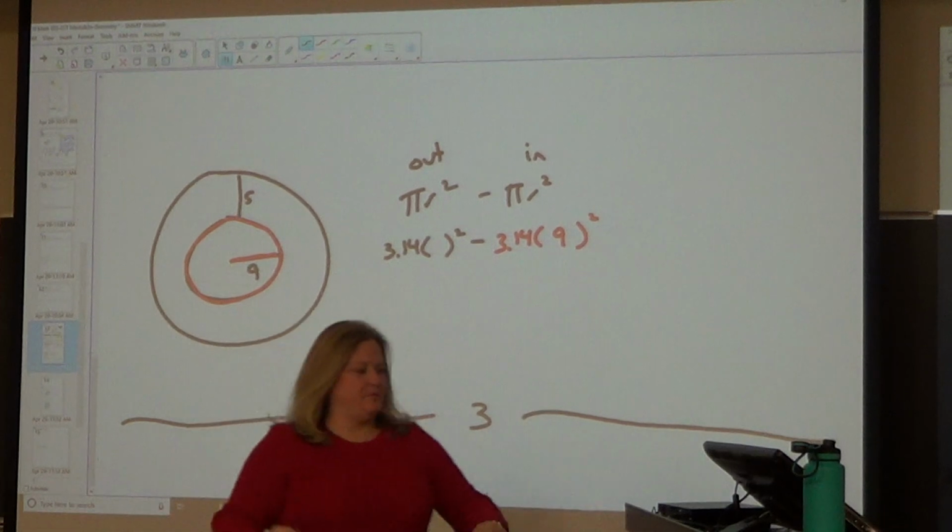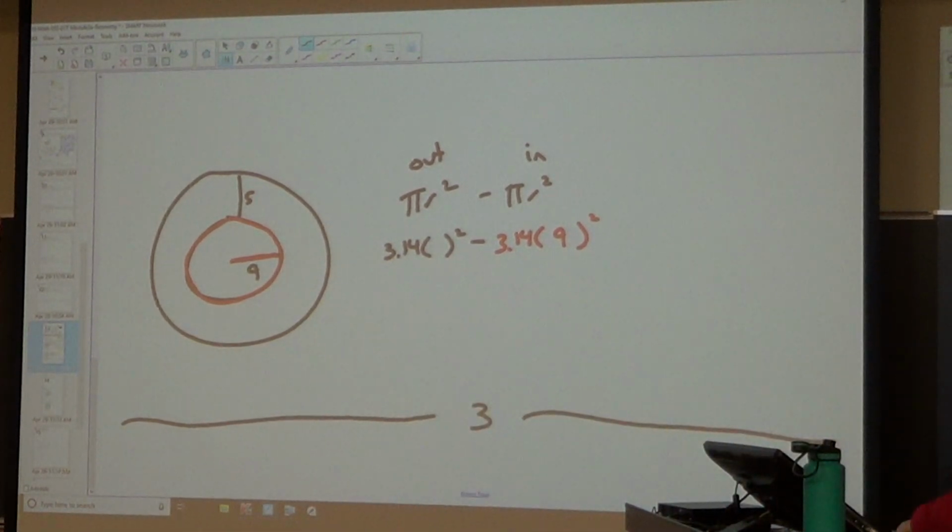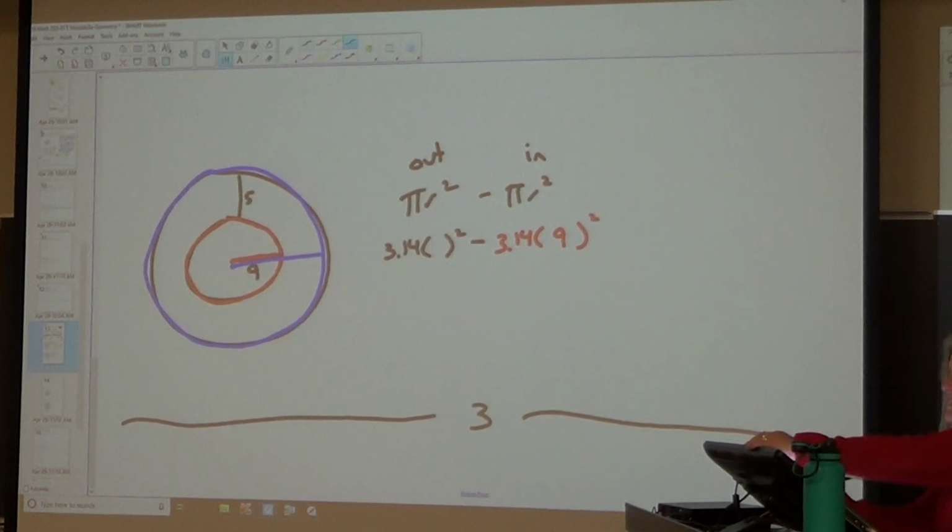Let me draw. So, here is my outside circle. Do you agree that the radius of the outside circle goes from here to here? Yay? Now, we already know that this is 9. How long is this? 5.